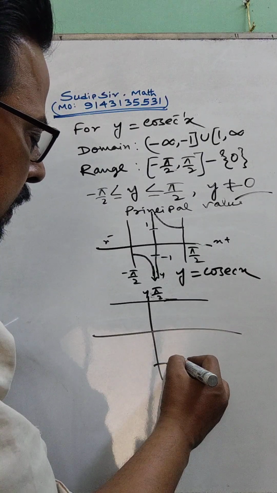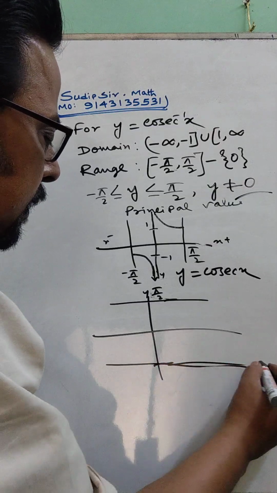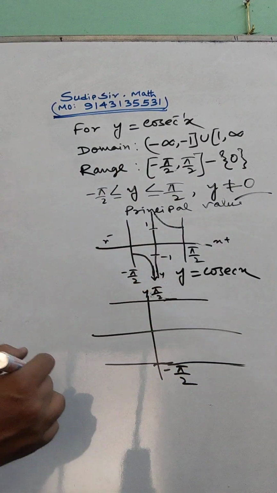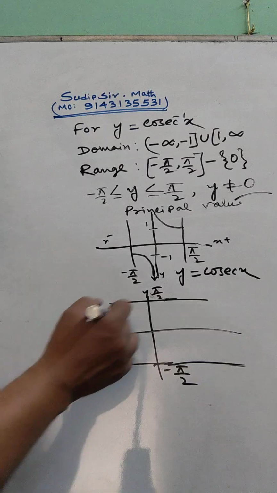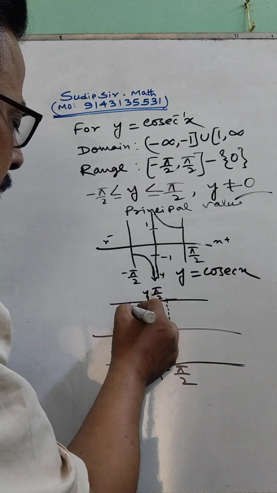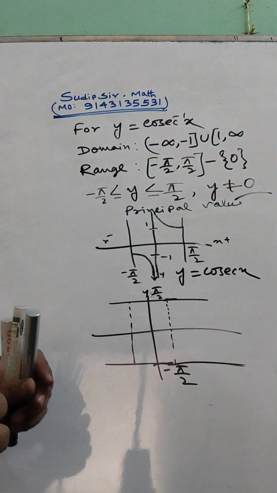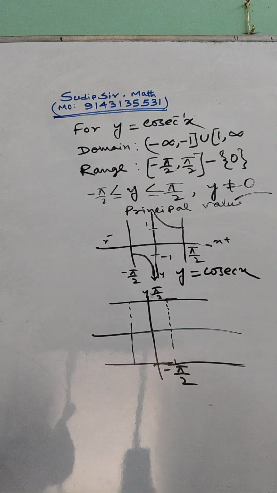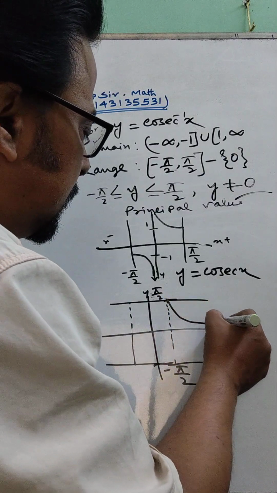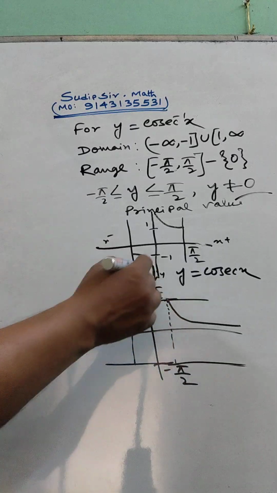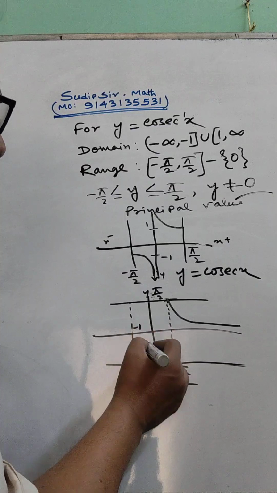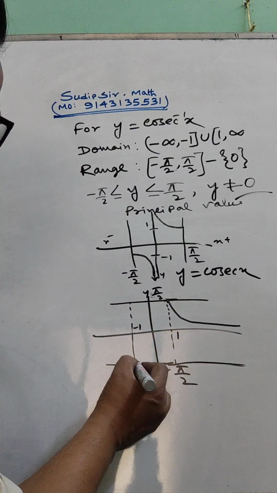This line is minus pi by 2, this is pi by 2. And say this part is 1, this part is minus 1, this part is 1, and this part is minus 1. So it will be like this, from 1 and from minus 1.